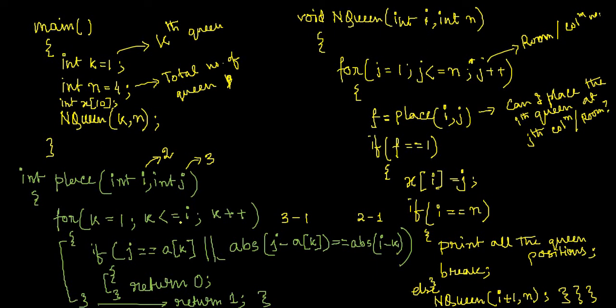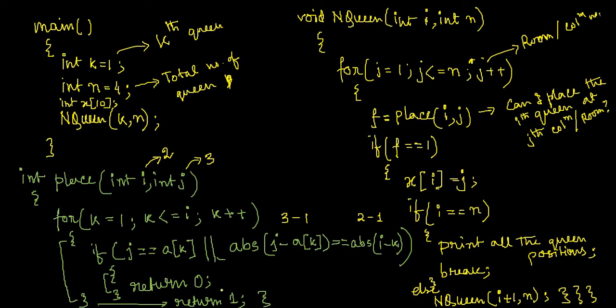And for k equal to 2, actually it will check with the second queen itself, which is trivial. So naturally, what we will find out? We will find out there is no k till i for which this criteria will be fulfilled. So return 0 will not be there, return 1 will be there.